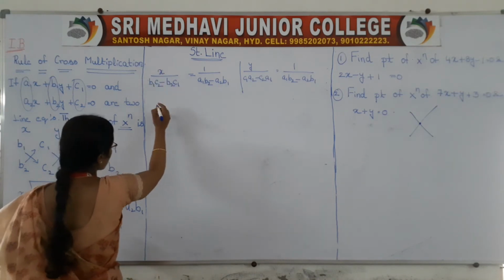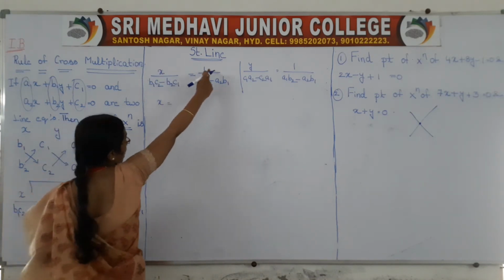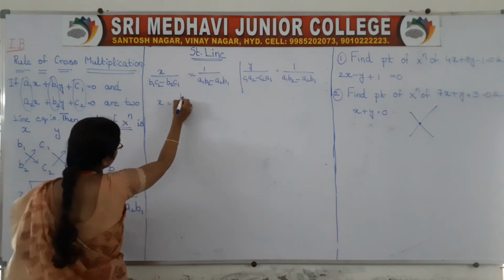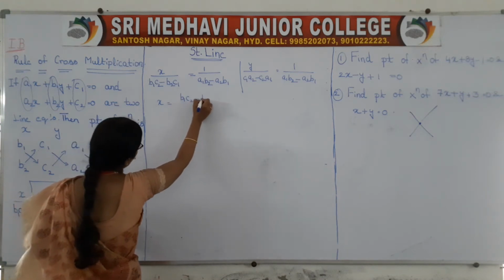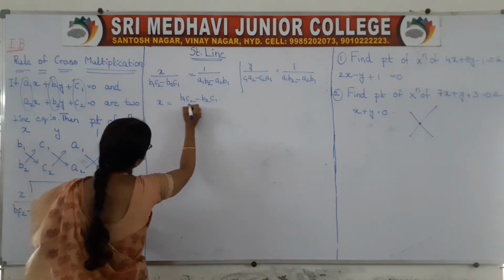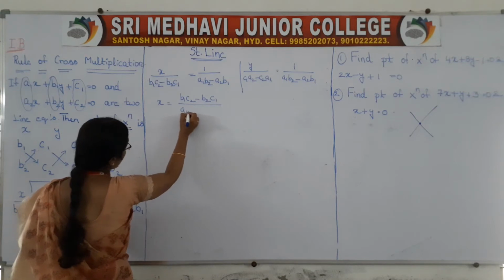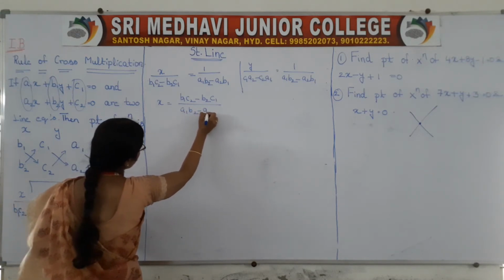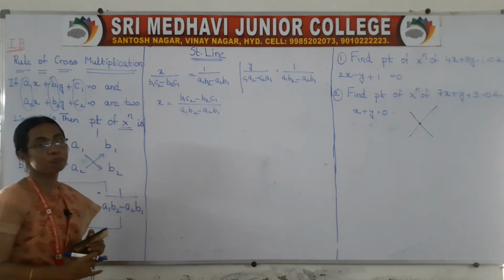Now you get your x value. How? Send this one to this side: x equals b1 c2 minus b2 c1 by a1 b2 minus a2 b1.